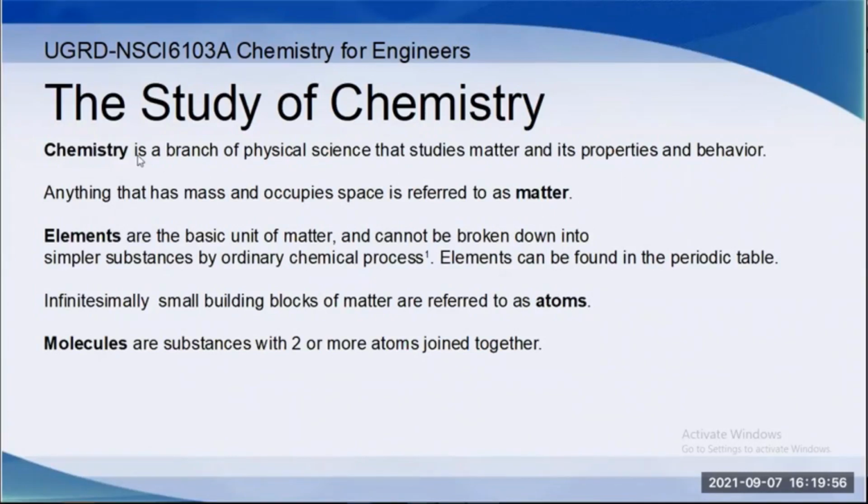Elements are the basic unit of matter and cannot be broken down into simpler substances by ordinary chemical processes. The list and characteristics of the elements can be found in the periodic table.